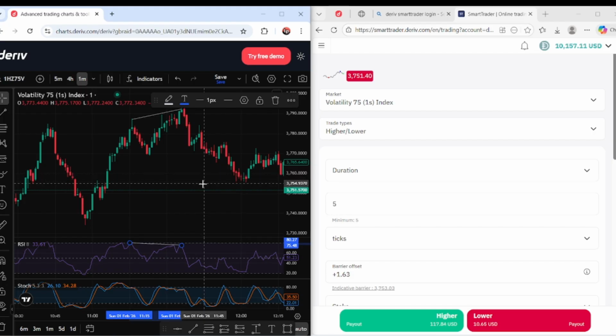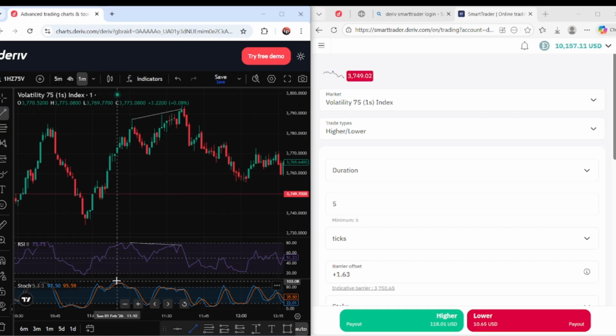You understand? Showing you that this price is going to sell. The strongest one is the Relative Strength Index. If you also spot this on the stochastic, you can see the stochastic also spots this pattern.